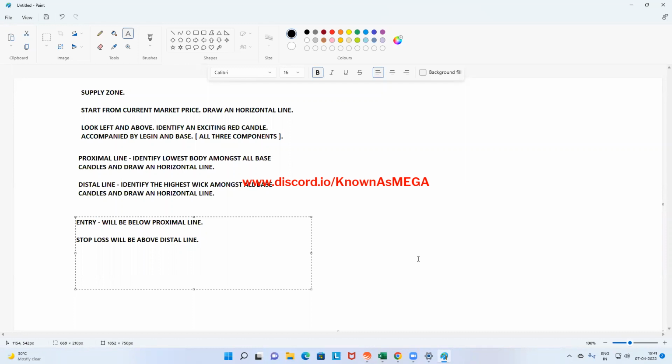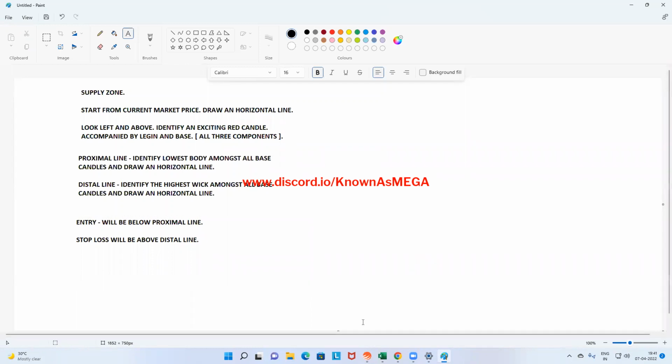This is clear. And can someone tell me what is the difference between demand zone and supply zone? Where will the entry be in demand zone? No, guys, where will the entry be? Above proximal line. Good, Ruturaj.